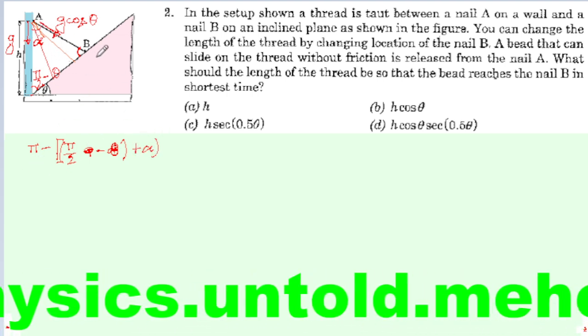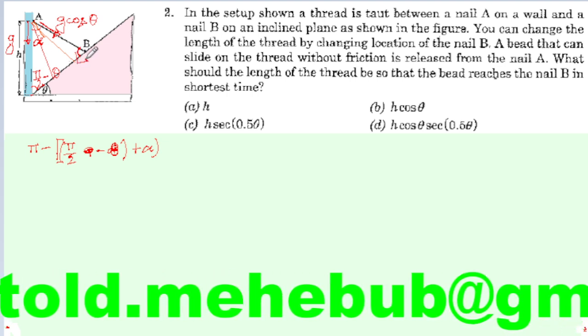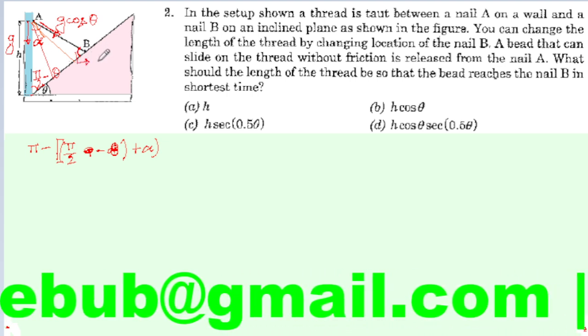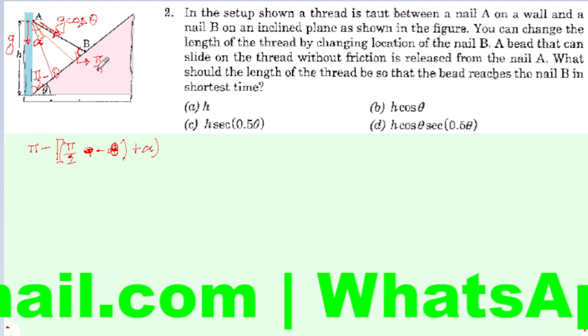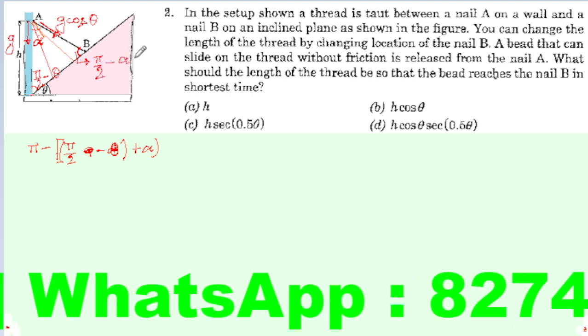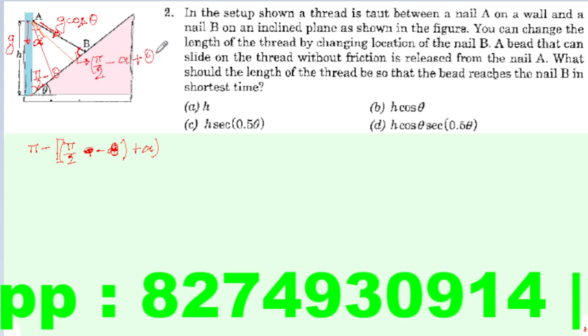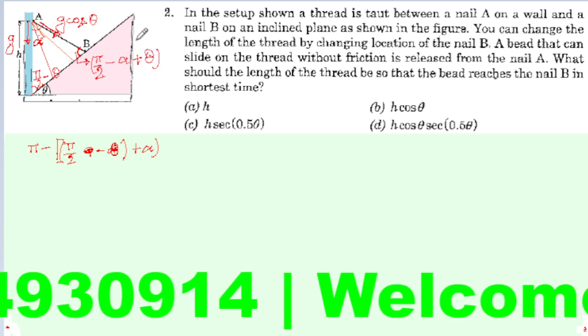So the angle made at the point A is pi divided by 2 minus alpha plus theta. So this is the angle which is made at the point B.